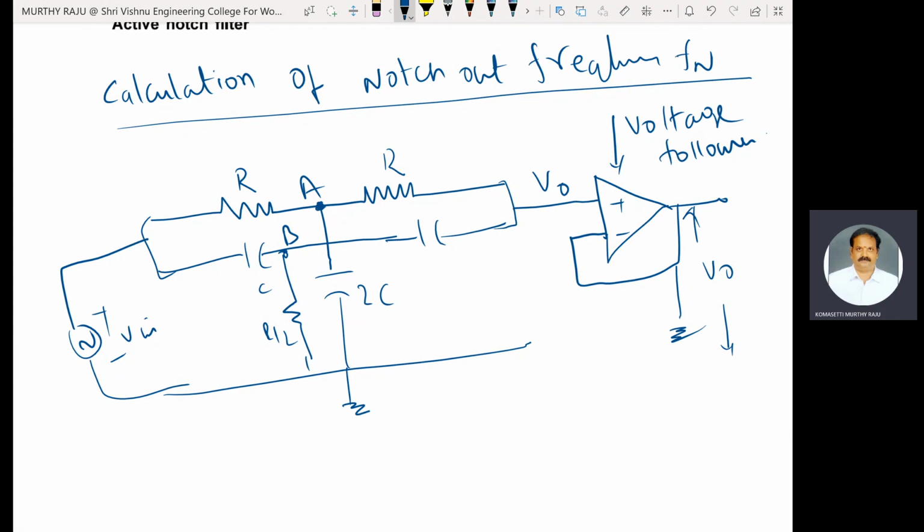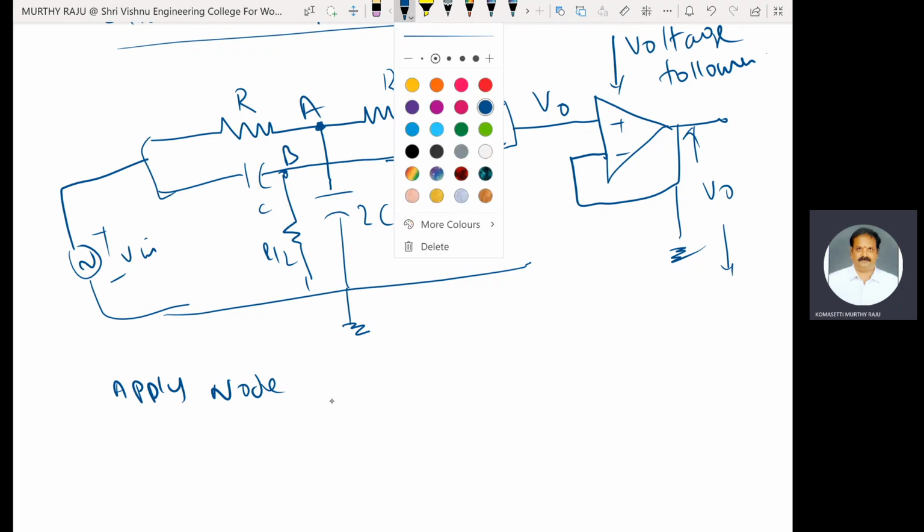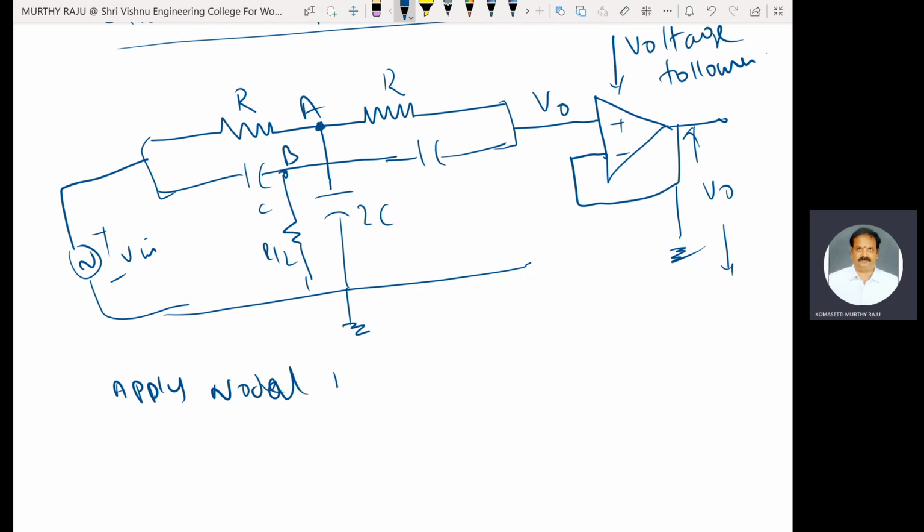Apply node voltage at A, B and the inverting and non-inverting terminals of the op-amp. First, apply nodal analysis at node A.